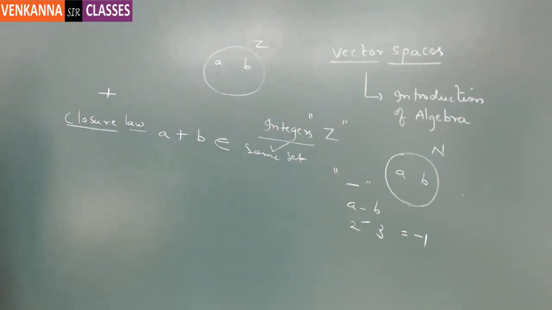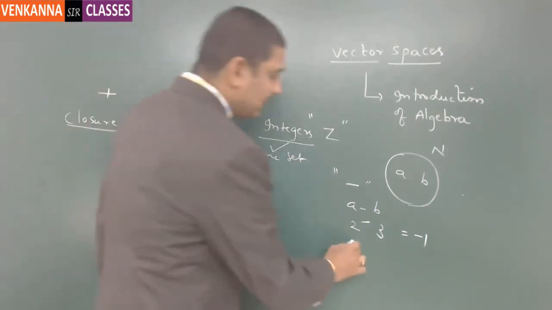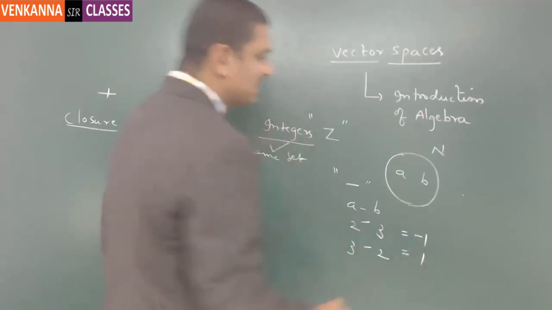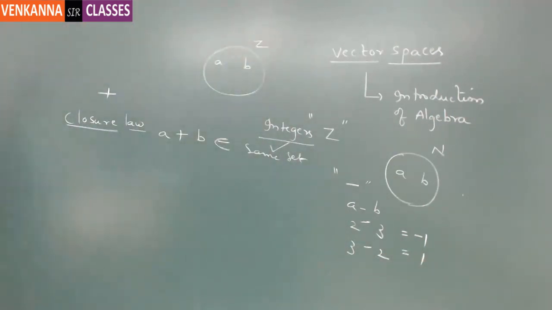Accepted? So if you take a as 3 and b as 2, the difference is 1, which is a natural number. Agreed? So please understand the concept of closure law. You have taken a set, you are taking one operation, say plus.